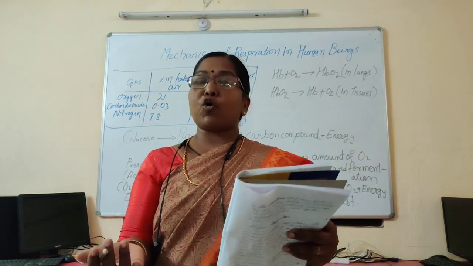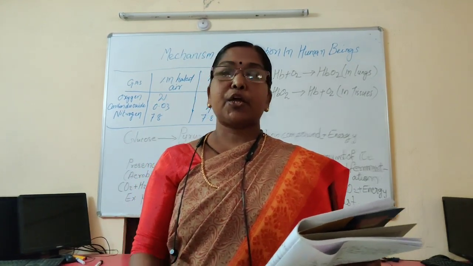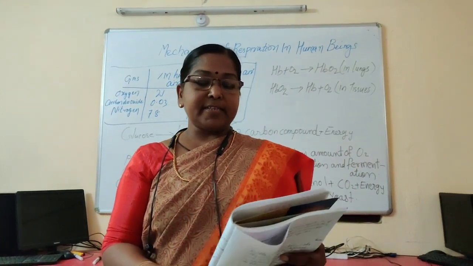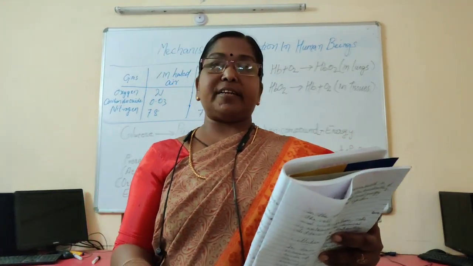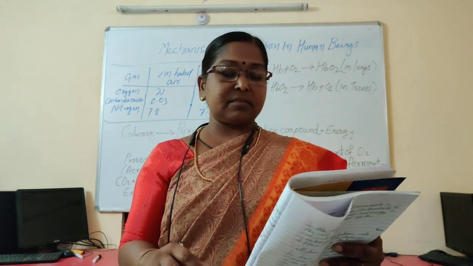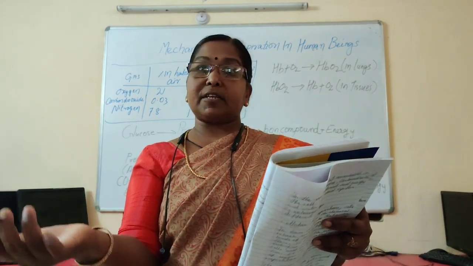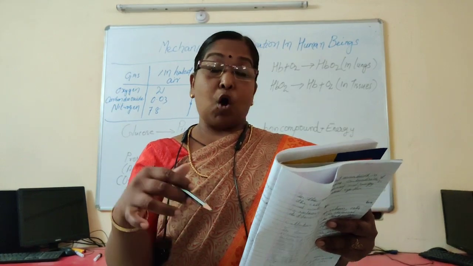The oxyhemoglobin will convert into hemoglobin and oxygen. Hemoglobin combines with oxygen to form oxyhemoglobin in the lungs, but sometimes the reverse happens: oxyhemoglobin converts into hemoglobin and oxygen in tissues.